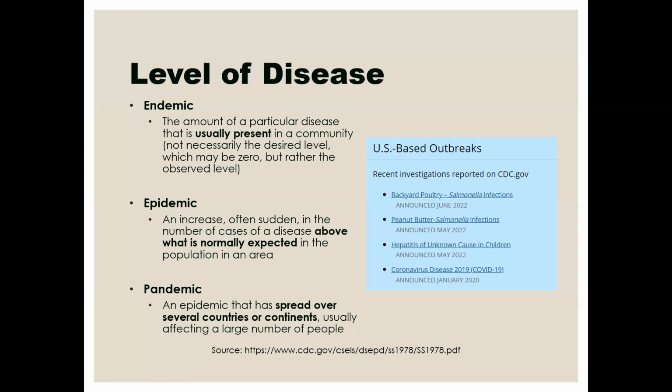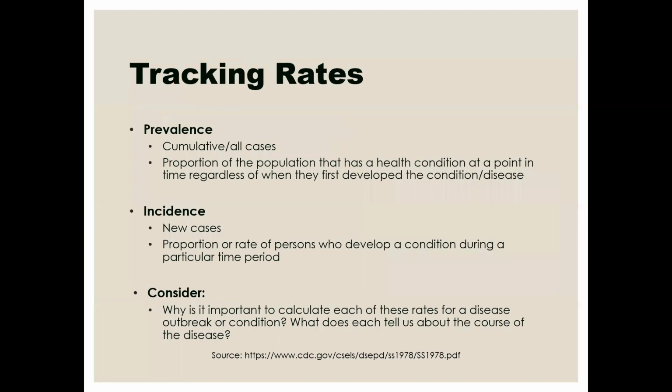So we also look at syndemics, or two epidemics, endemics, or pandemics that occur together and synergistically work to affect a population. So you may hear syndemic, and I wanted to share that.